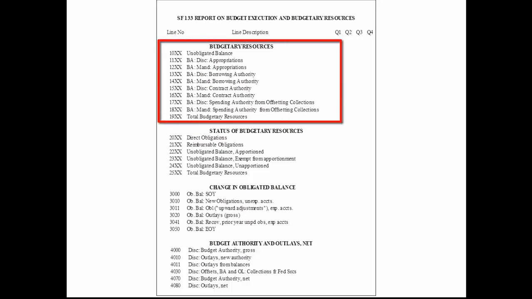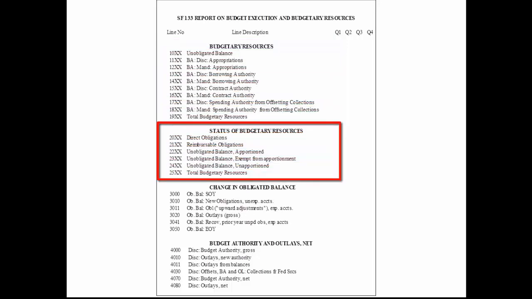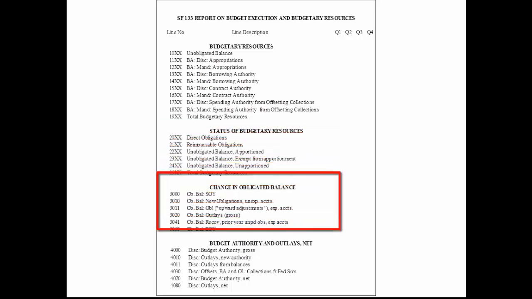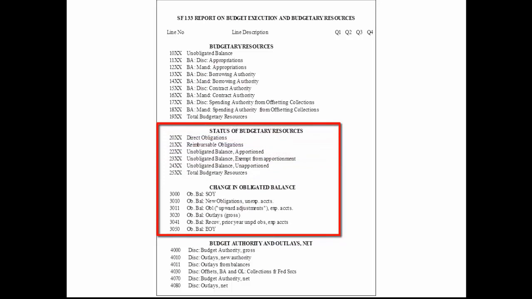A section on budgetary resources, which tells you what resources an account has available to spend, the left side of the equation. A section on the status of the budgetary resources, which tells you whether the funds are obligated or unobligated. A section on the change in your obligated balances, which tells you whether obligations are paid or unpaid.